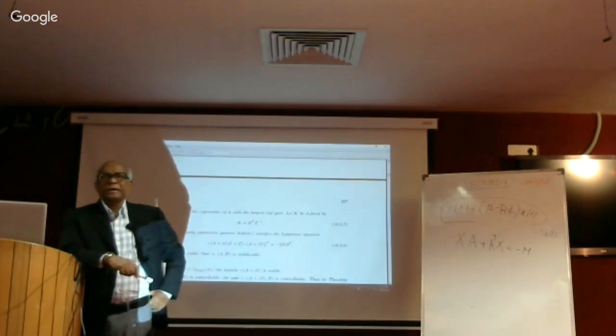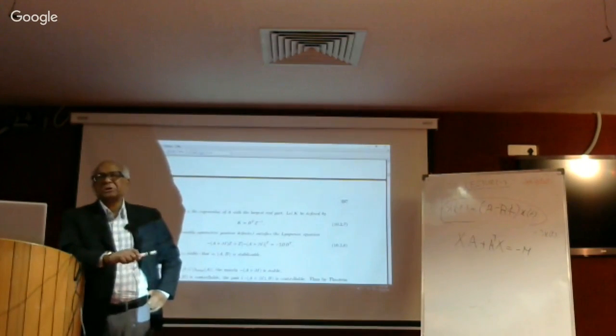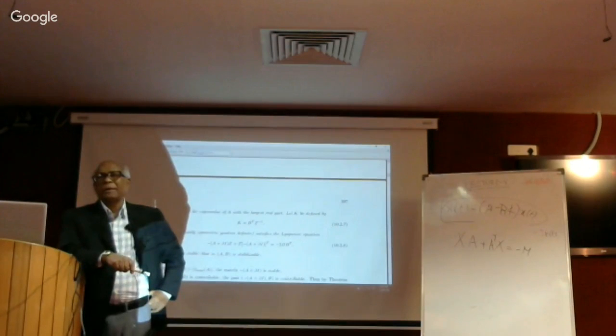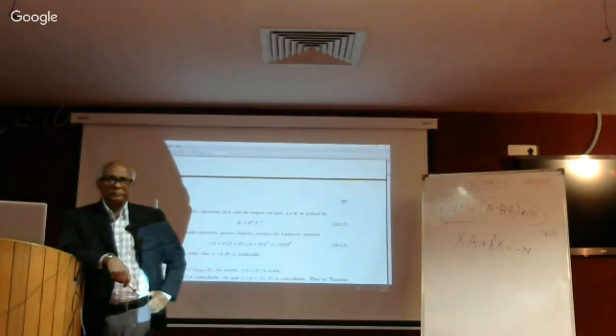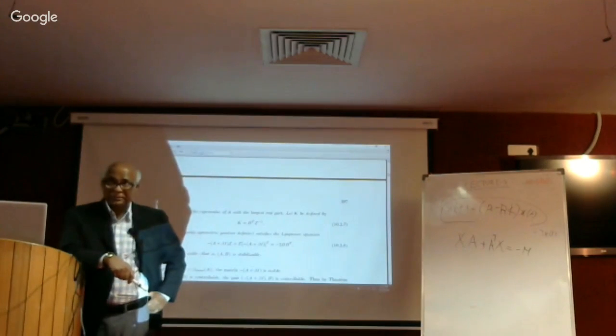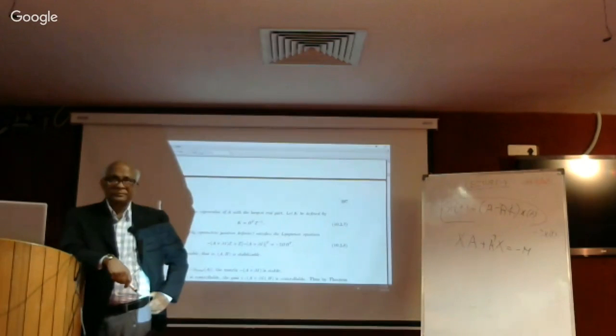I've chosen beta in such a way that beta is greater than absolute lambda max of A. Does it guarantee that, I'm sorry, matrix minus (A plus beta I) is a stable matrix? Does it guarantee that? It does. Why?